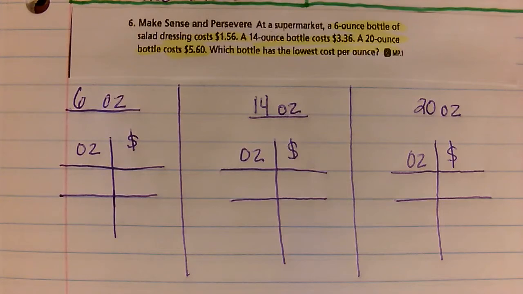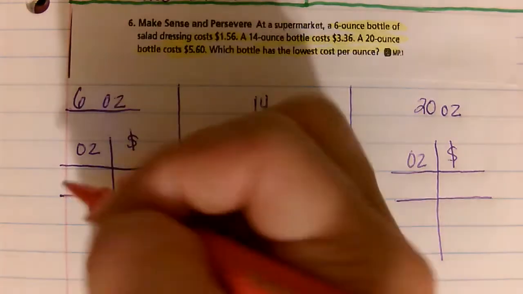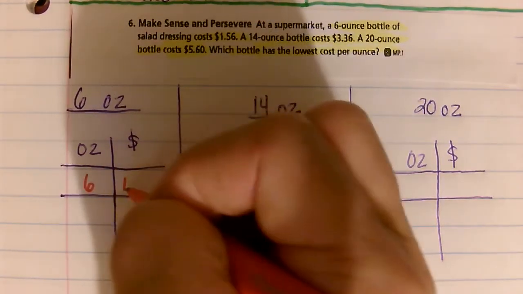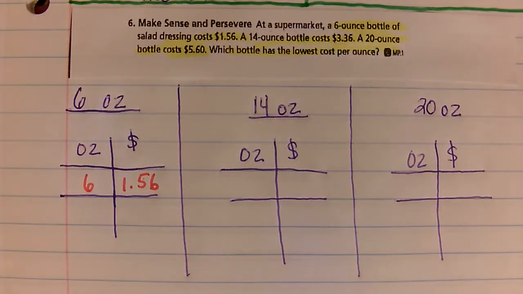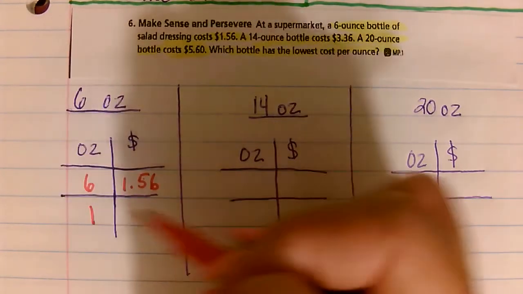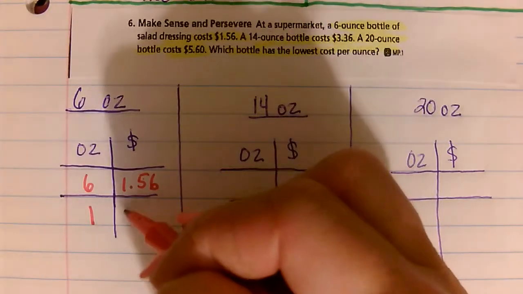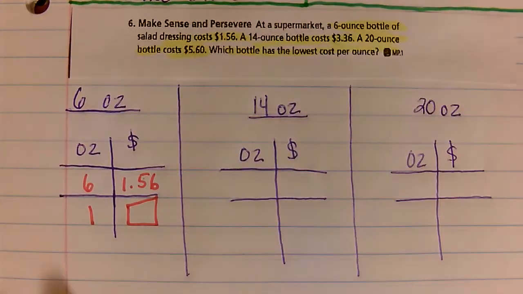Okay, we'll start with this one. For 6 ounces, it's $1.56. Right? And we want to know per 1 ounce. So we're trying to find this. So all we do, let's multiply our diagonals and divide the other side. Do that with me now.